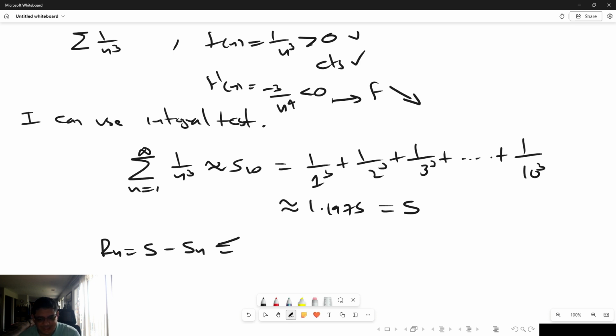less than, because we want an estimation, the integral from 10 to infinity of 1 over x cubed, using the integral test.